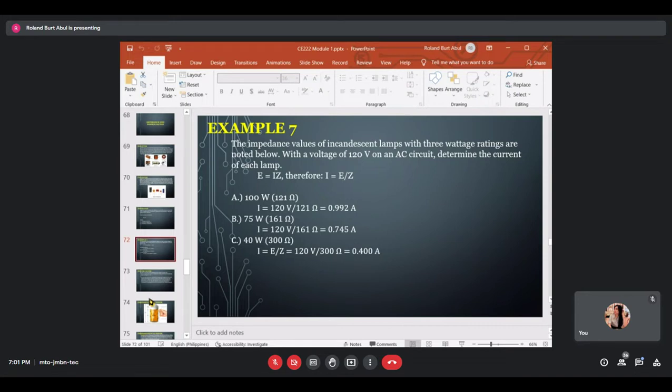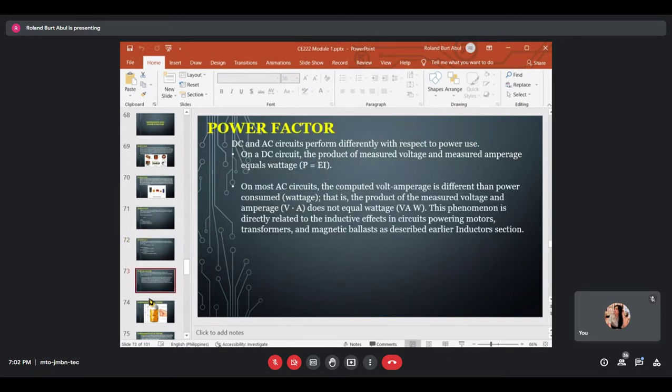Voltage is equal to current times resistance. Okay, thank you. So voltage is current times resistance. Now in AC, voltage is equal to current times impedance. It is similar to Ohm's law in a DC circuit. So E is the voltage, I is current, and Z is impedance.